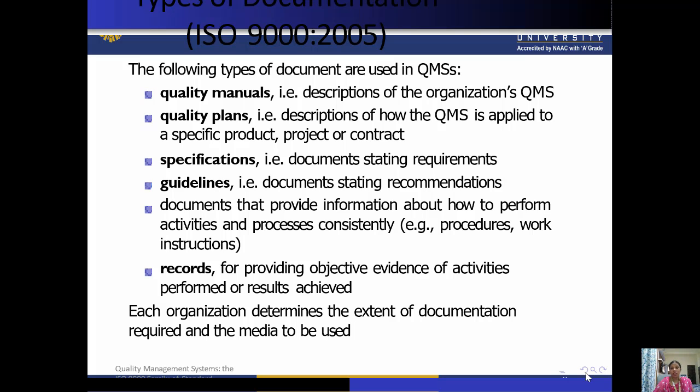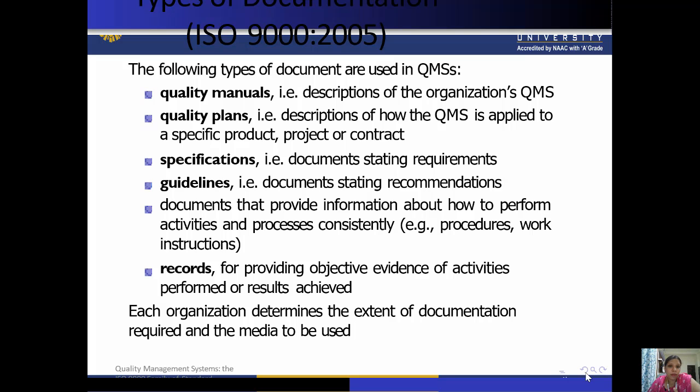Similarly, documents that provide information about how to perform activities and processes consistently, for example procedures and work instructions, are there. Next are the records, providing objective evidence of activities performed or results achieved. Each organization determines the extent of documentation required and the media to be used.